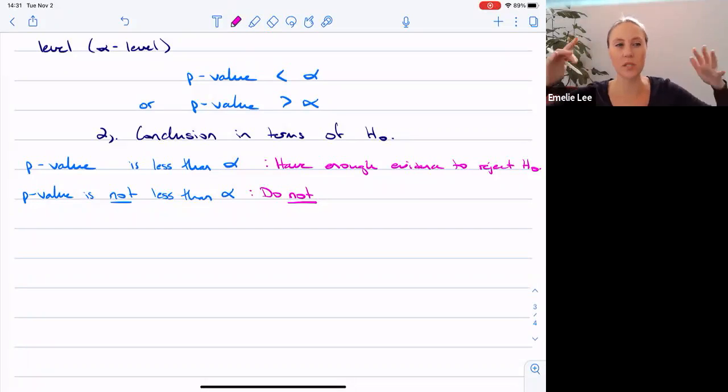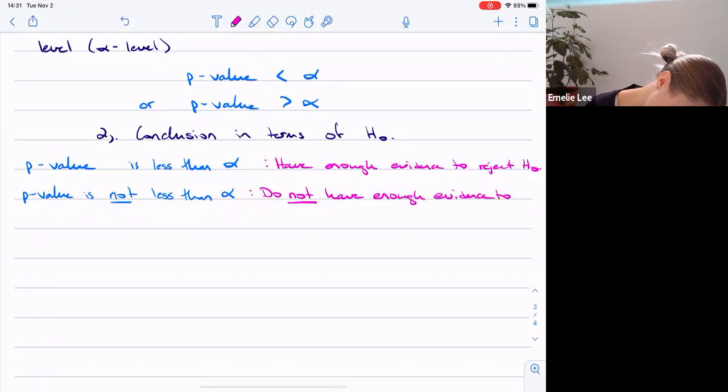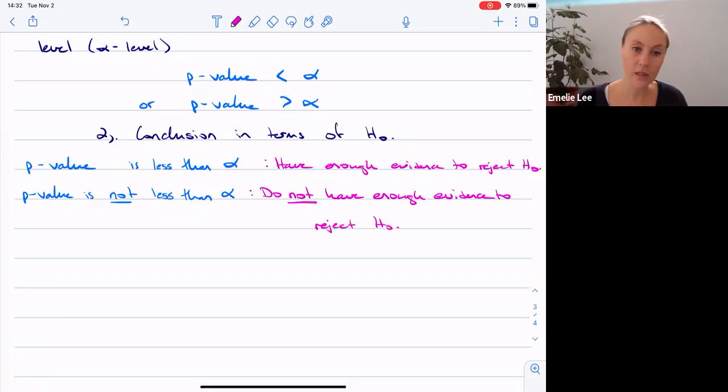So it's really important to keep track of these. We do not have enough evidence to reject H naught. For me, I'm really, really picky about this: I do not want to see the word accept anything, okay? We can never accept a hypothesis because there's always a p-value probability that we're wrong.